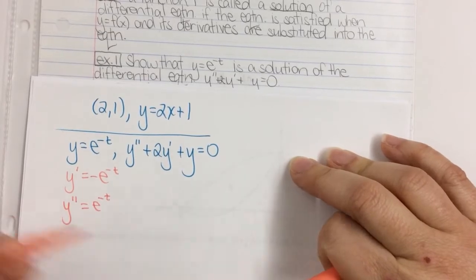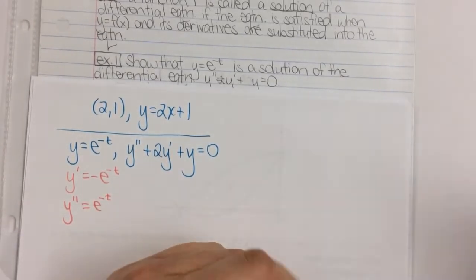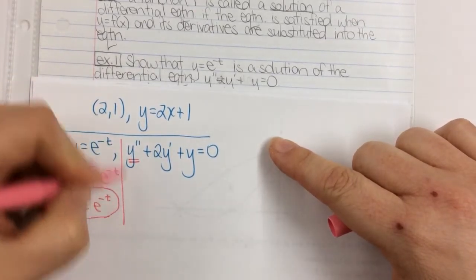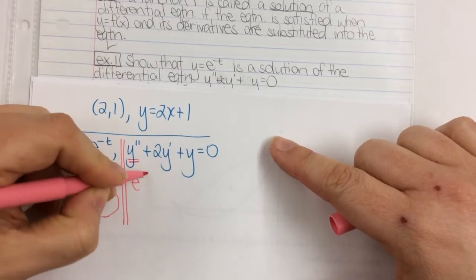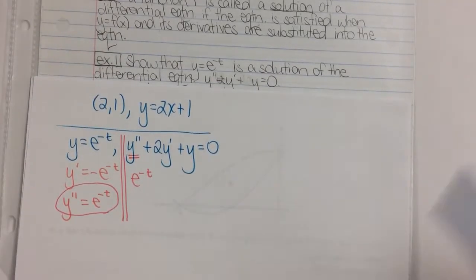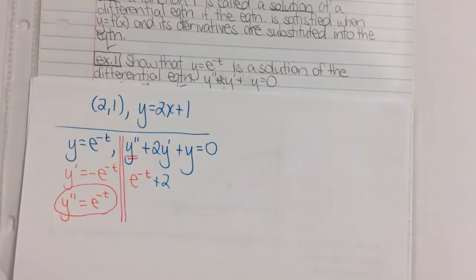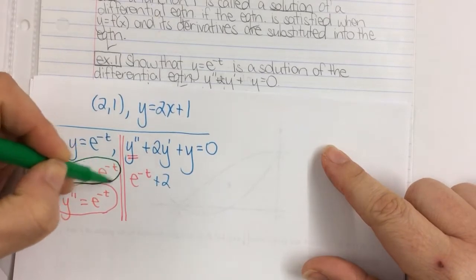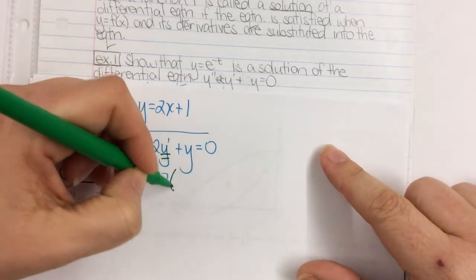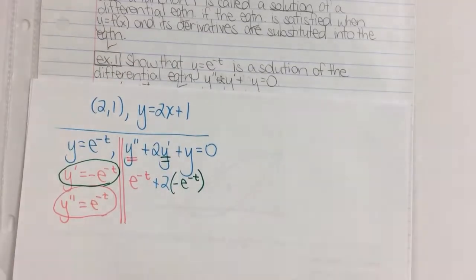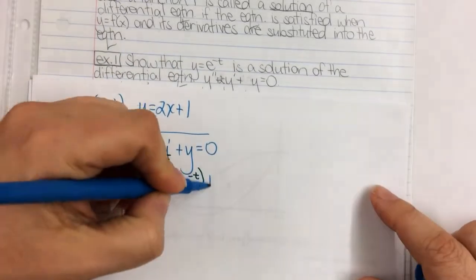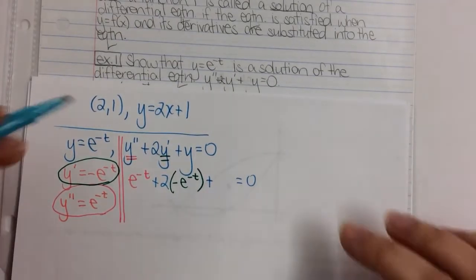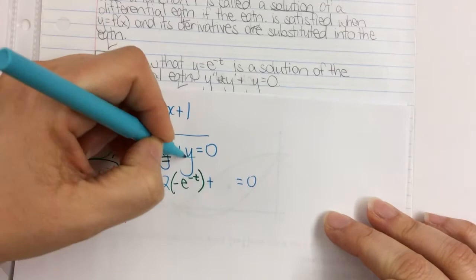And then I'm going to substitute those in. So I'm going to take this y double prime and put it in for the y double prime. e to the negative t plus 2 times, I'm going to take this y prime and put it in for the y prime, plus I'm going to take the y and put it in for the y.